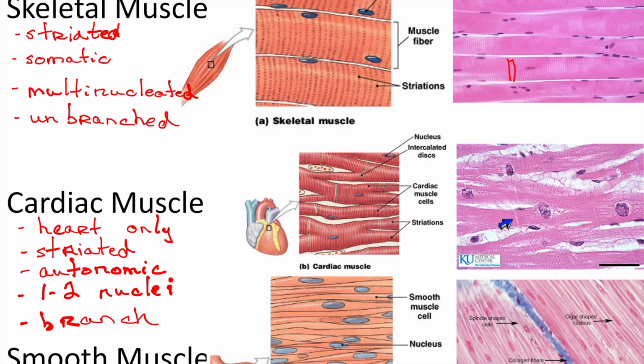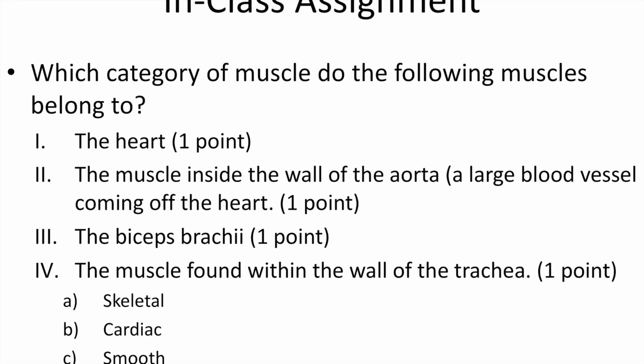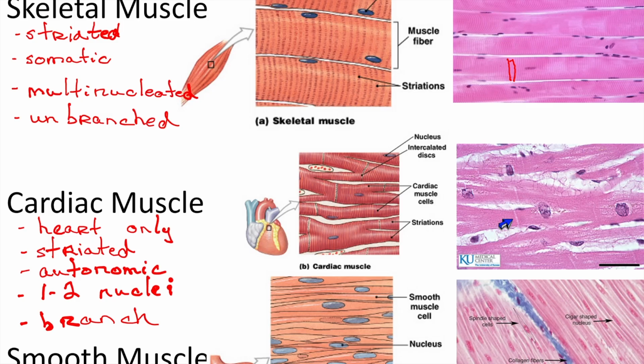What gives it away for me, though, when I'm looking at it on a slide are these lines here. And they can appear white or black. These are called intercalated discs. And these are a combination of gap junctions and desmosomes that hold the muscle cells together, but also allow ions to flow directly from one cell to the next. So they're only found in cardiac muscle, which is what helps us characterize cardiac muscle pretty easily.